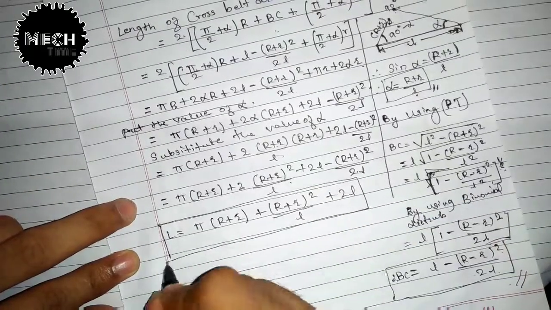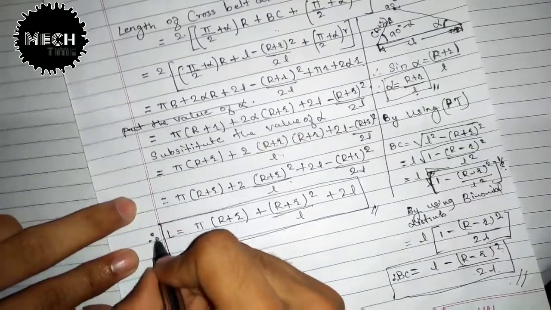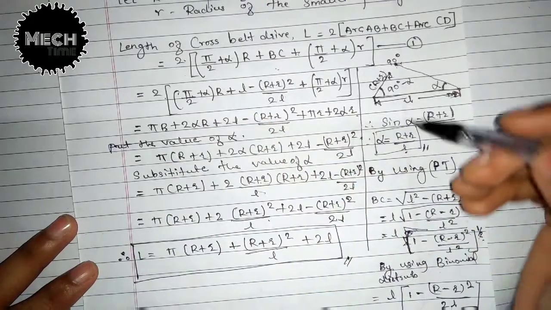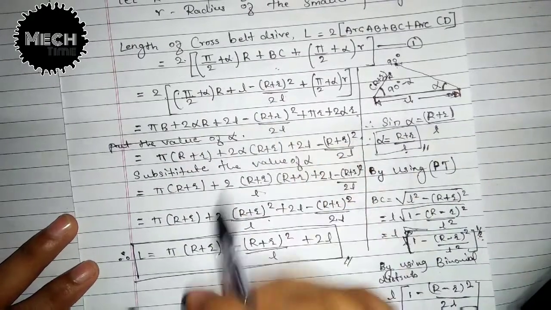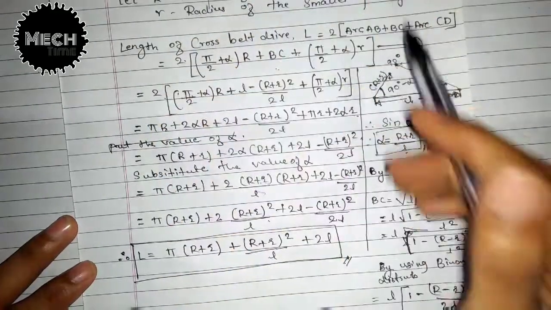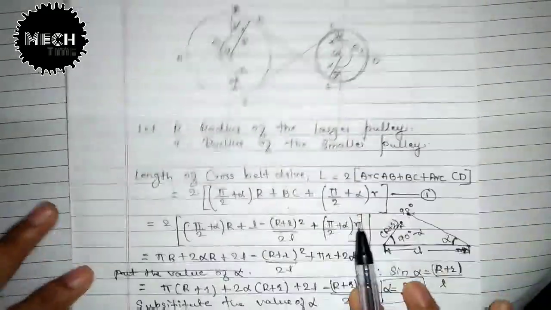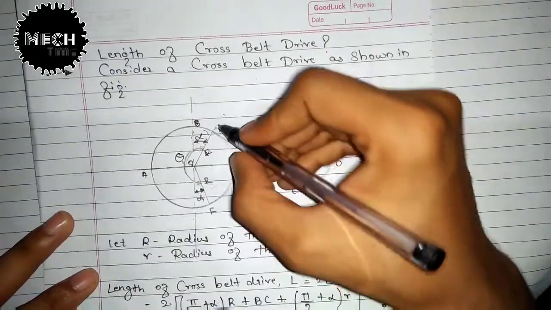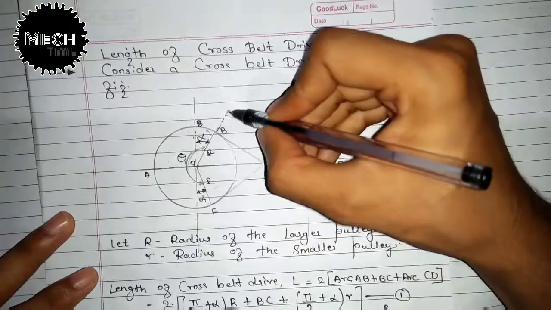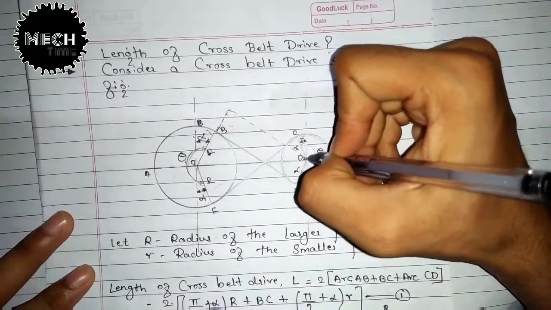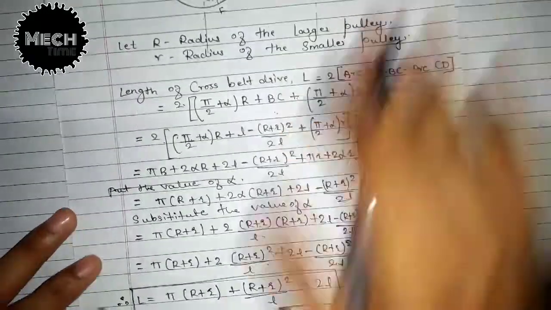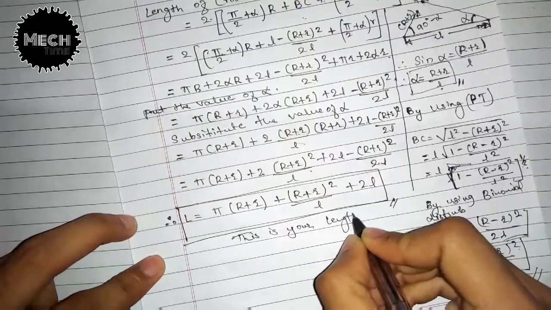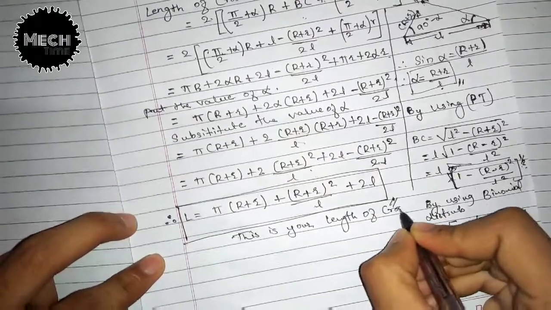So this is your length of the cross belt drive. It is very simple and easy. Just check the value of BC, and then you'll find the arc AB and arc CD in the cross belt itself.